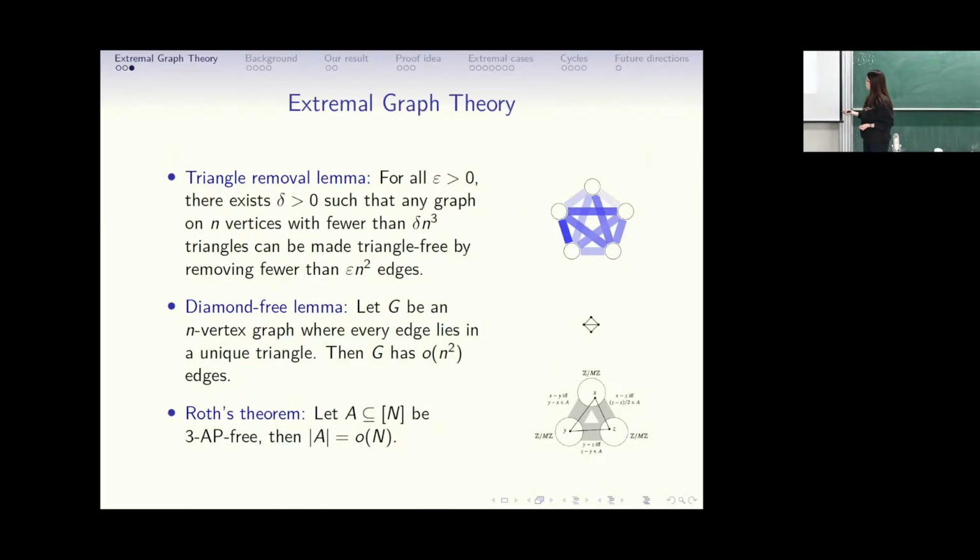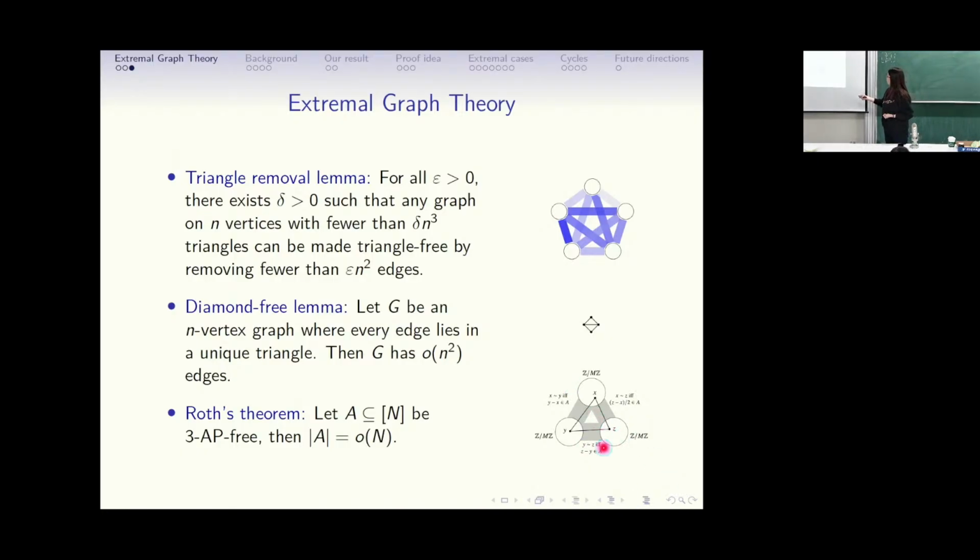And they can prove Roth's theorem pretty much using this, defining a graph by the elements of A and adding edges between x, y if the difference is in A, and the other one, if the difference is in A, then the last one if half of the difference is in A. Then any non-trivial three-term AP in A gives us a triangle in this graph.